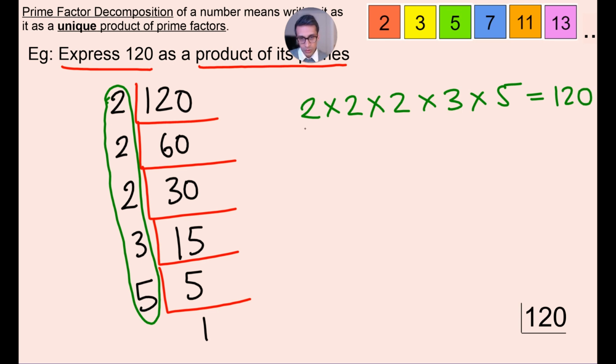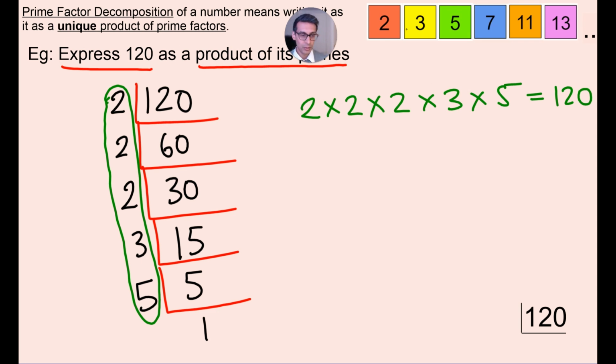Now you'll notice that all of these are primes because we chose prime numbers here, and we're just going to double check that this is correct. So this makes 4. 4 times 2 is 8. 8 times 3 is 24. 24 times 5 is going to be 120. So this does work.